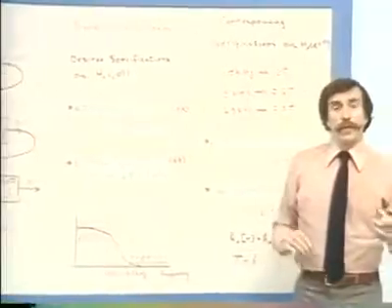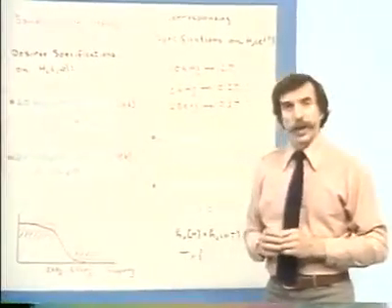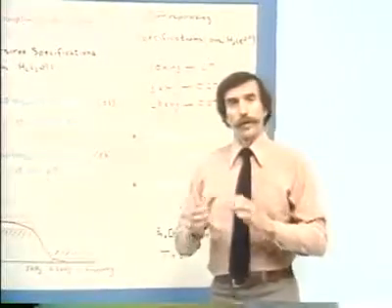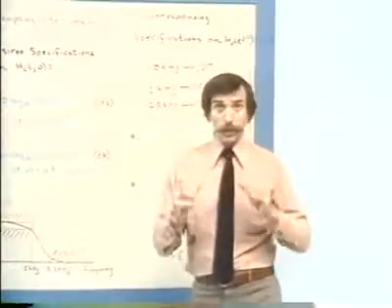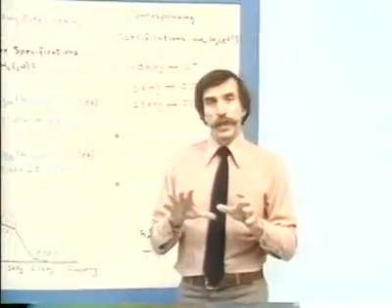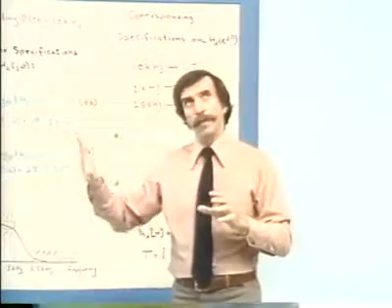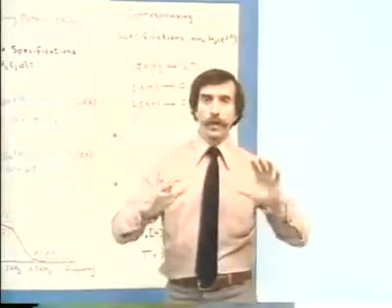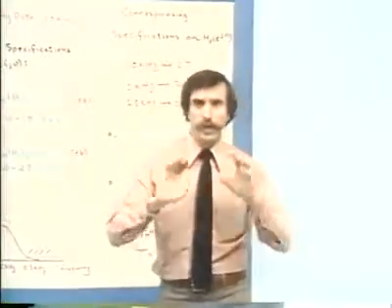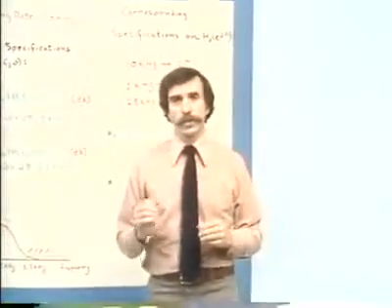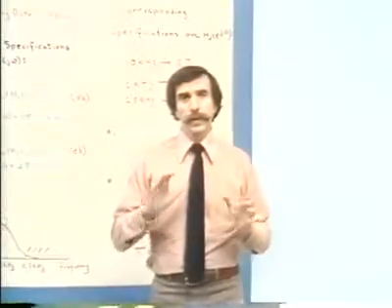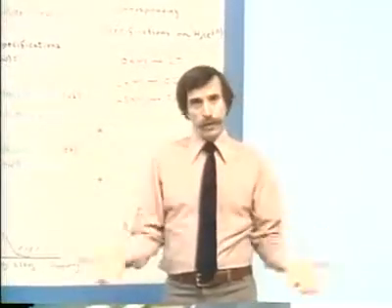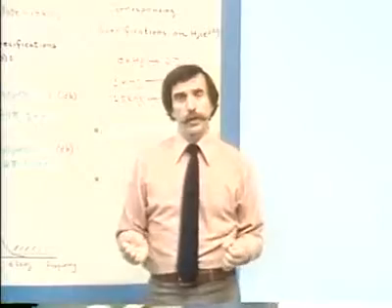Now, what we have to figure out is what the corresponding specifications are for the digital filter. And the strategy, let me emphasize, is that we have a situation where we're doing discrete time processing of continuous time signals. And we have a set of specifications associated with that.